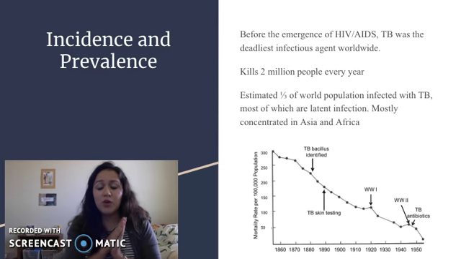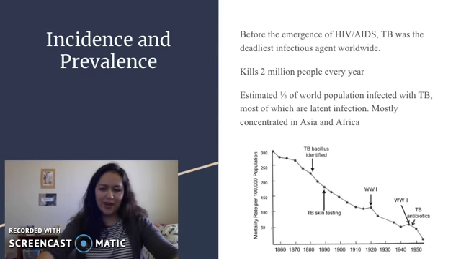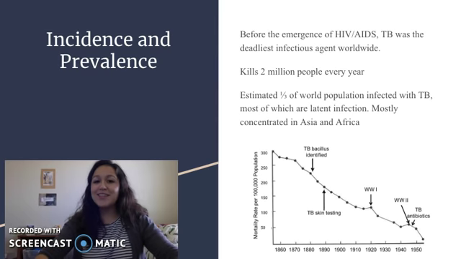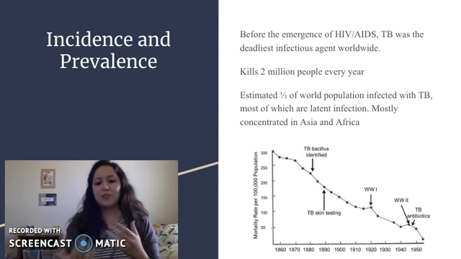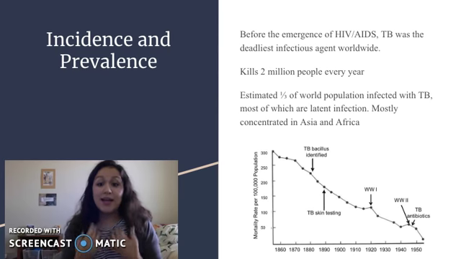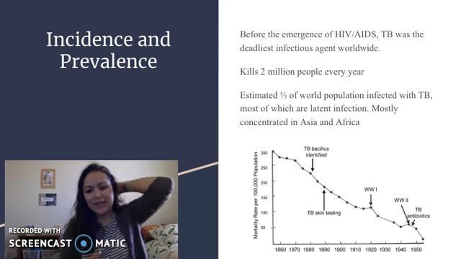There's an estimated 1/3 of the world population infected with TB. Now, don't freak out. When you're infected, that doesn't mean that you are actually sick. It just means that your body has it. It's inside your body, but it's not active. Most of these cases are latent. That's what that means when it's in your body, but not active.